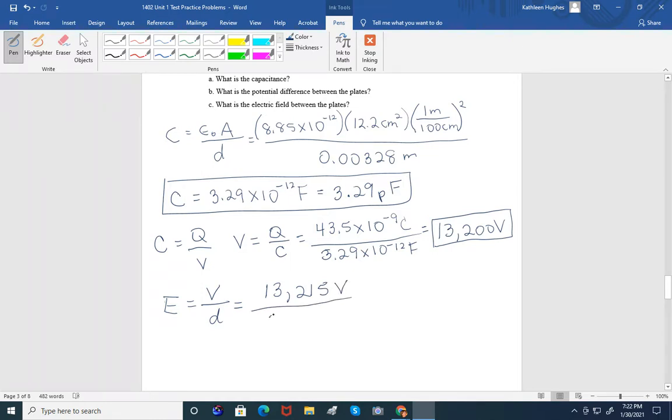I have a plate separation of 0.00328. That came out to be 4.03 times 10 to the 6th volts per meter. If we only had 2, that might be written as 4.0 megavolts. It's a big potential. I mean, a big electric field. It was pretty straightforward there.